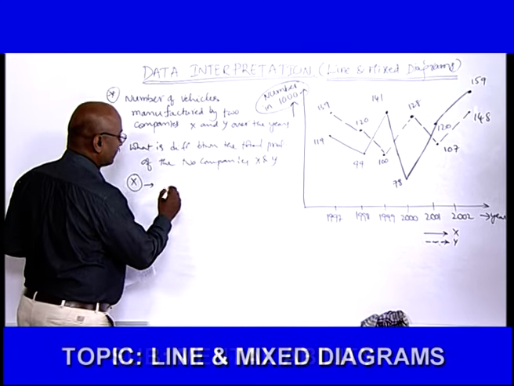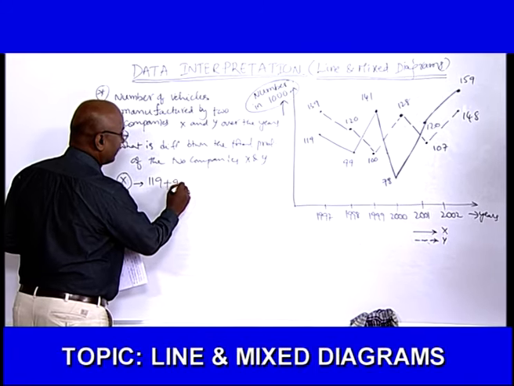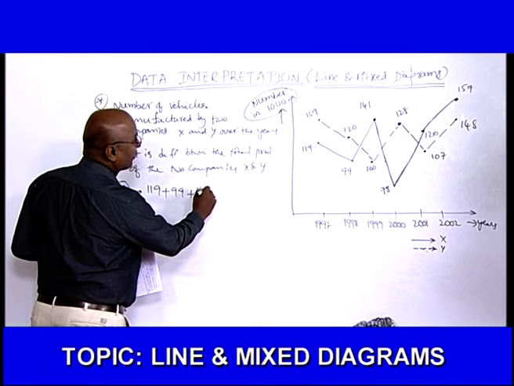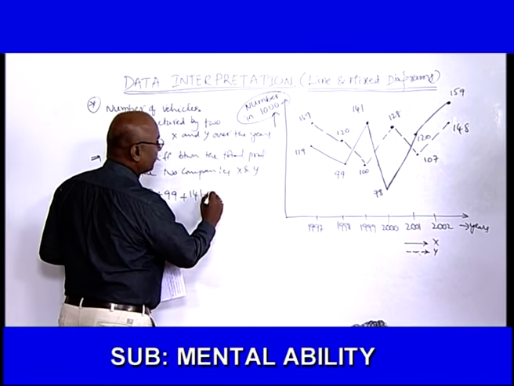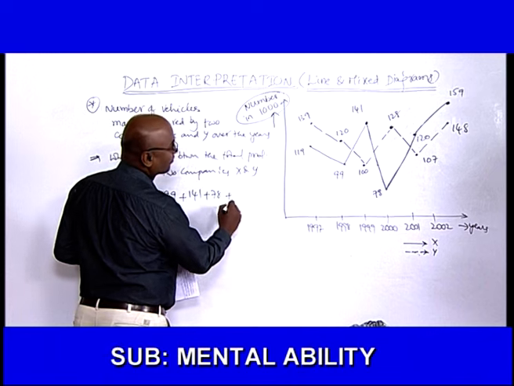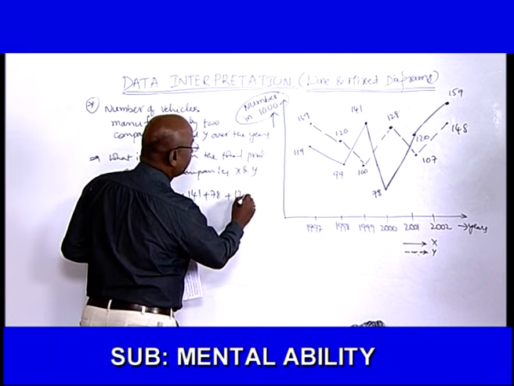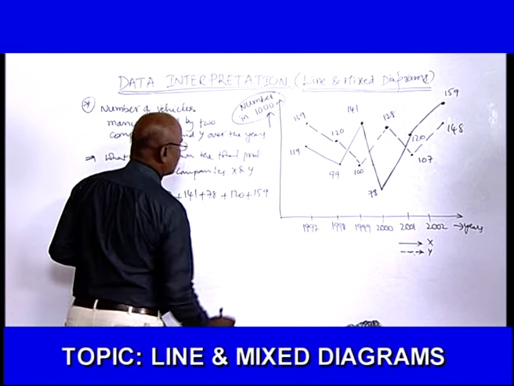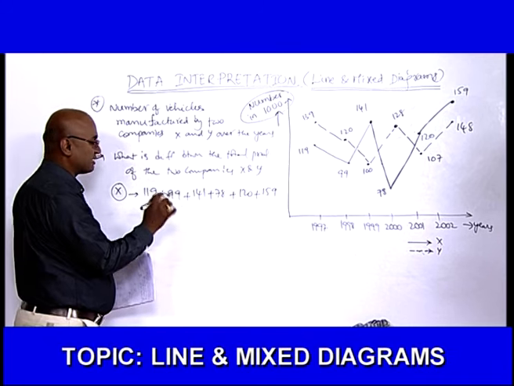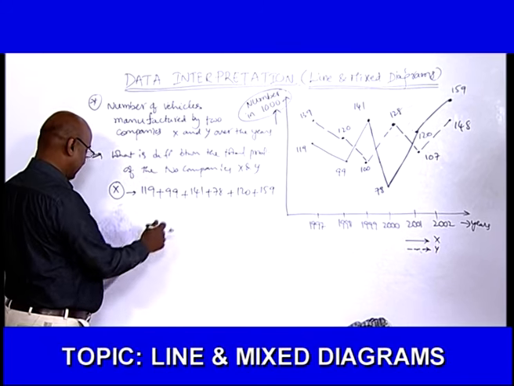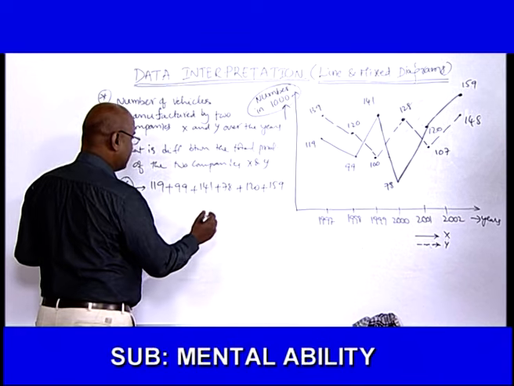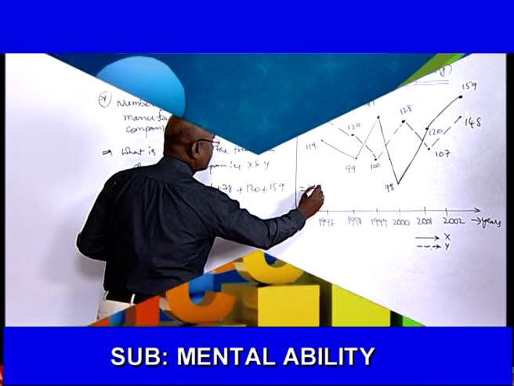సో వెహికల్స్ మ్యానుఫ్యాక్చర్డ్ బై X, వాట్ ఈస్ ద వాల్యూ? దట్ ఈస్ 119 ప్లస్ 99 ప్లస్ 141 ప్లస్ 78 ప్లస్ 120 plus 159,000. So all these are in the thousands, 119,000, 99,000 like that. And this value is 716,000.